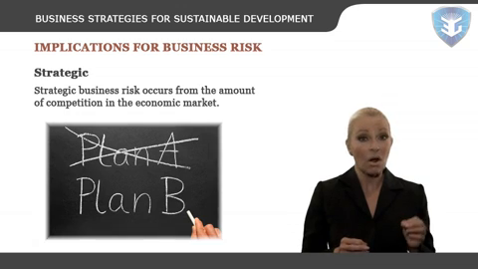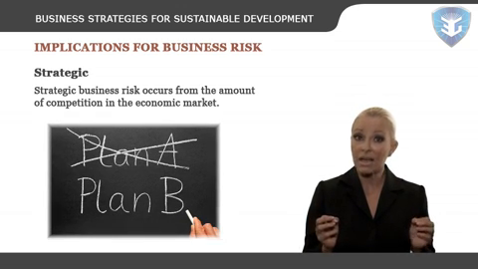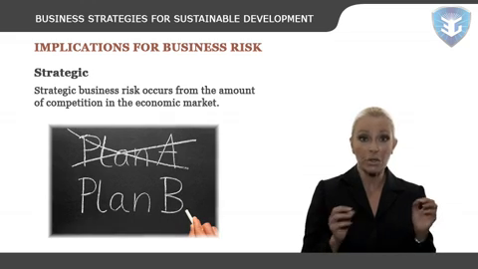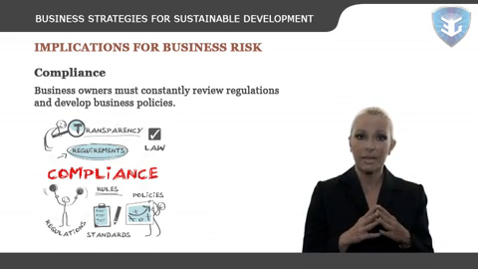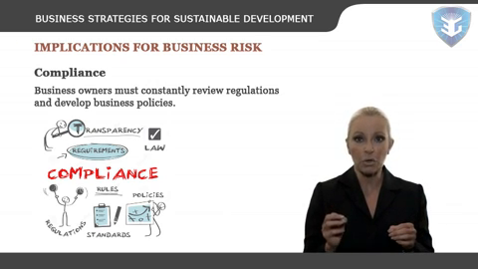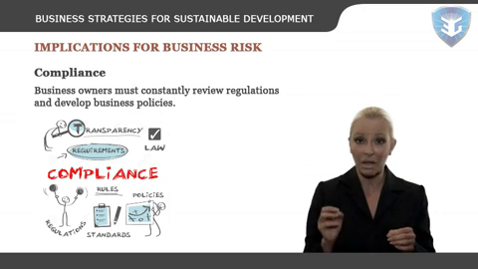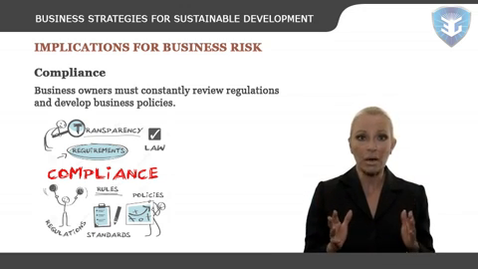Economic resources are the raw materials, labor, and other items companies need to produce goods or services. Compliance. Business owners must constantly review regulations and develop business policies or procedures to ensure their company is in compliance.